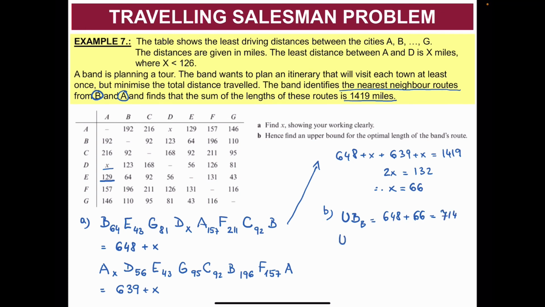And if I have the upper bound starting at A, then I have 639 plus 66, which is 705. So obviously your conclusion would be that the upper bound is better when the value is lower, so 705 miles.